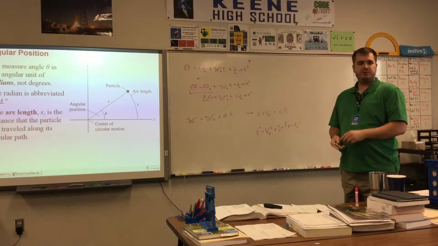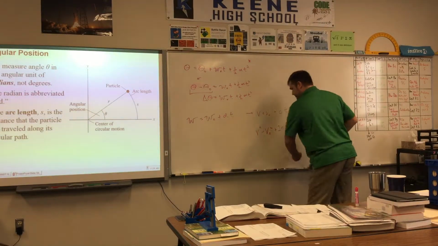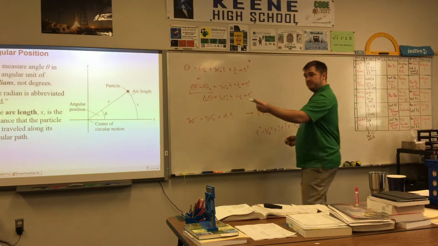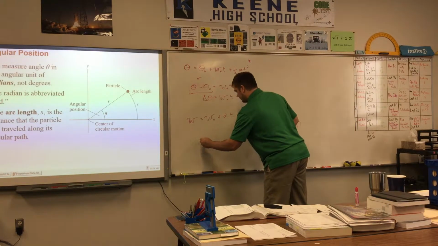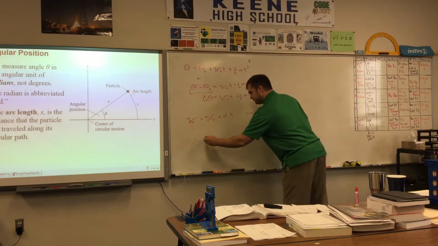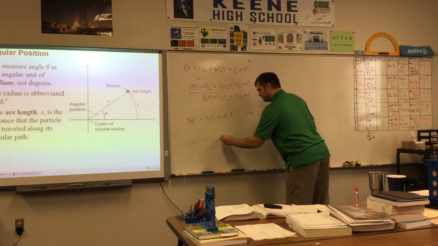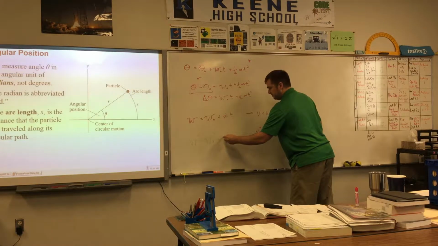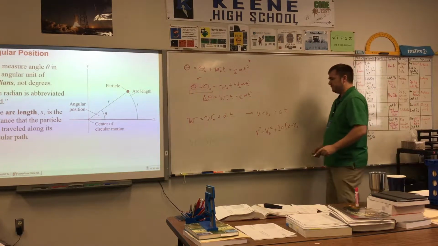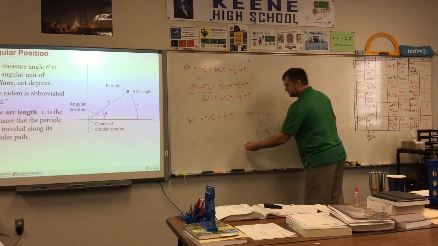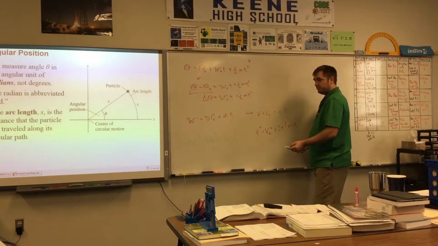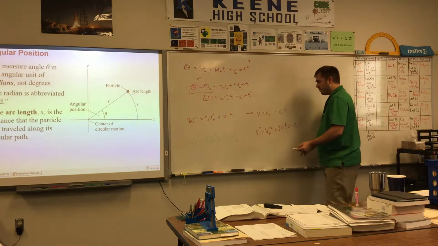All right, who's got a formula here for me? Omega squared equals omega naught squared, keep going, plus 2 alpha, and then delta, not t squared.